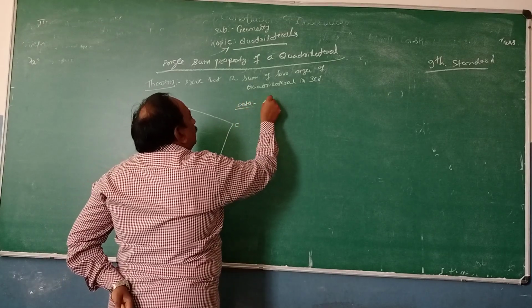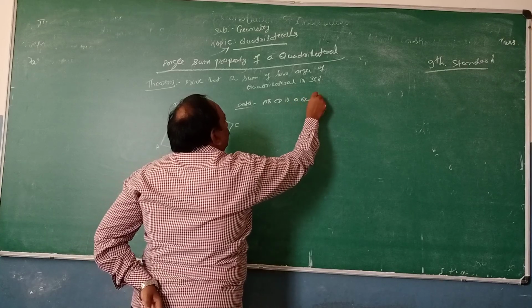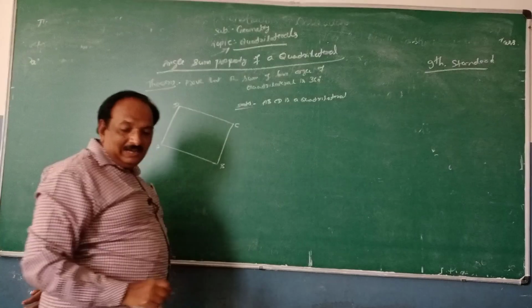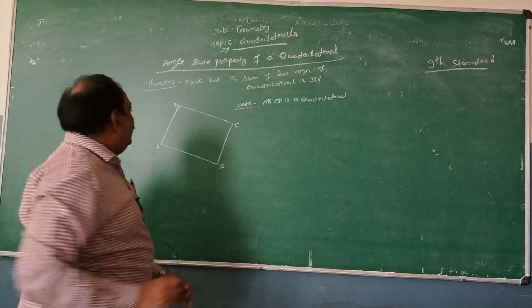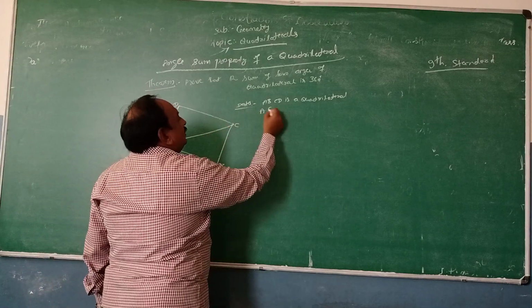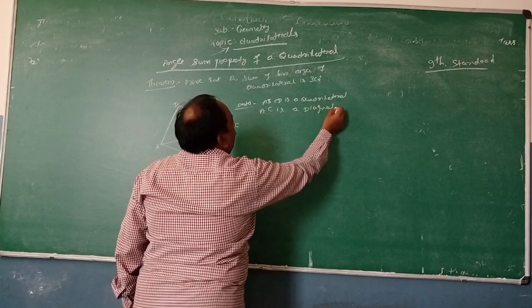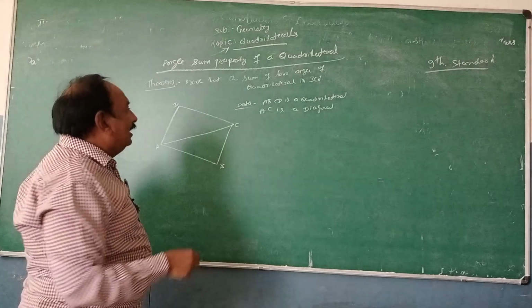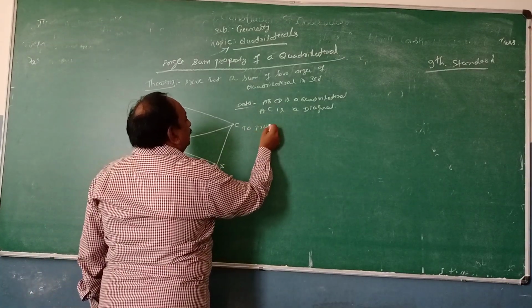Given: ABCD is a quadrilateral and AC is a diagonal.